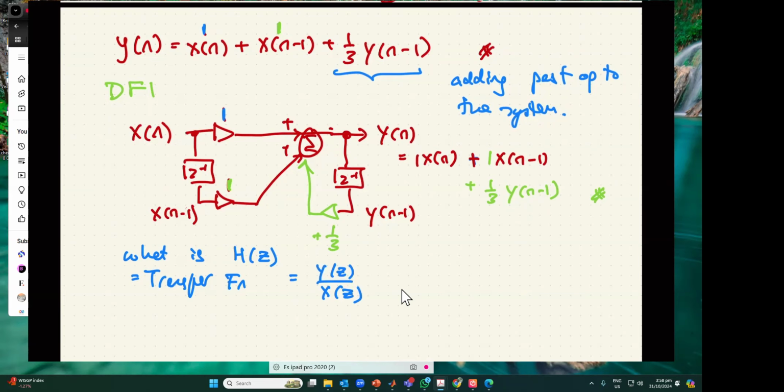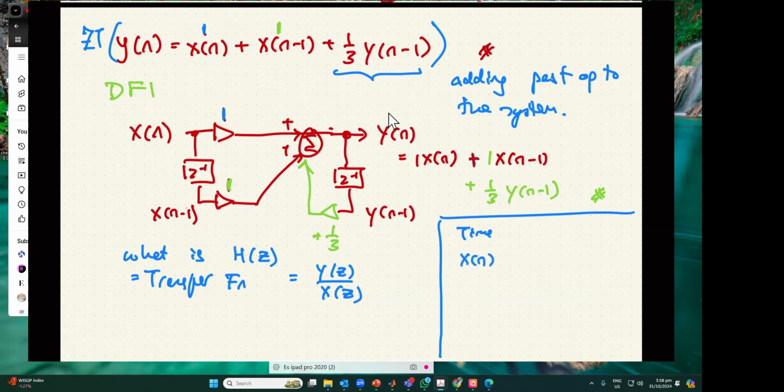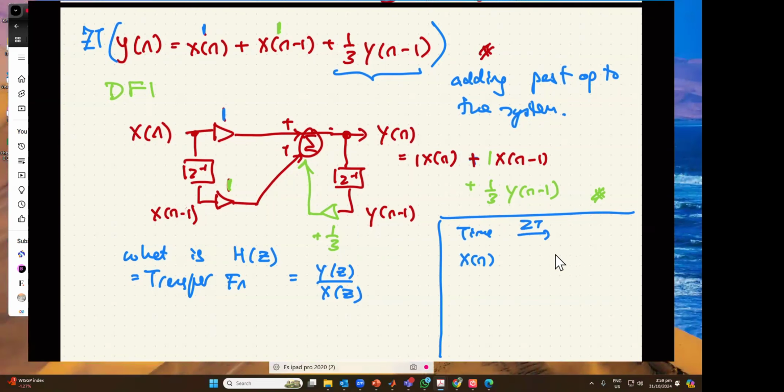All right. Let's perform the Z transform on the equation on the top. This is the table that you need. If my time signal is x[n], the Z transform symbol is X(z).